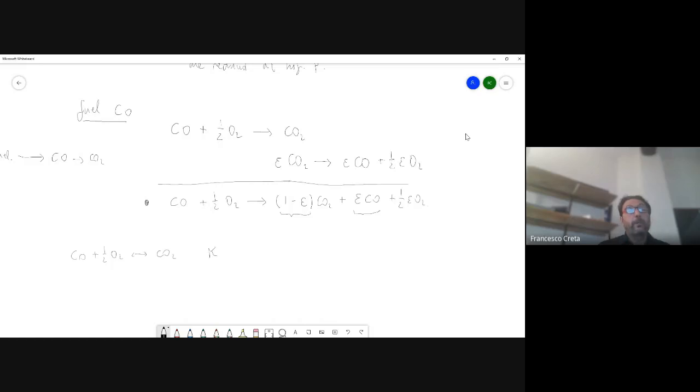I hope you remember how to write down the equilibrium constant from our studies of chemical equilibrium, which is essentially the partial pressure of CO, times the partial pressure of O2 to the power of 1/2, divided by the partial pressure of CO2.